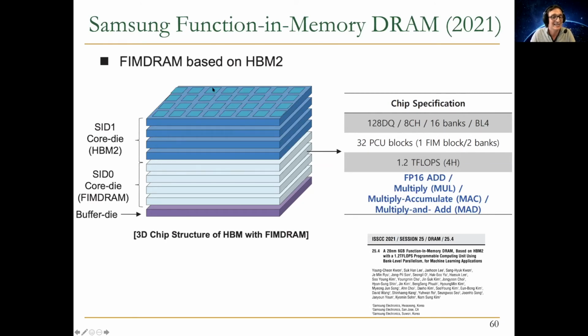You can see that they're really stacking layers of chips. There are some memory layers over here, and there are some compute layers, like FIMDRAM layers. So there are some compute-capable memory layers that they have. I'm not going to go into the terminology. You can read the paper or look at the presentation.